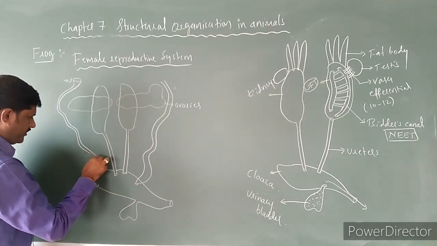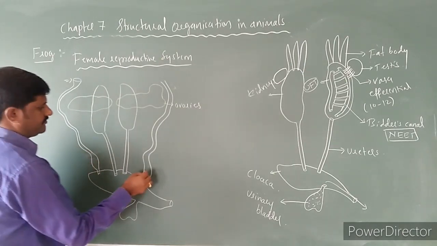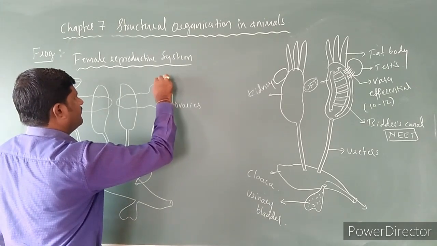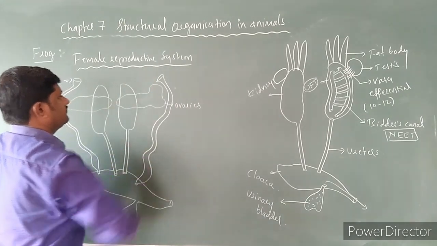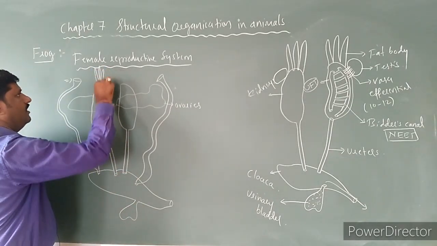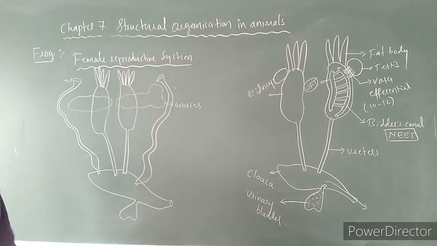Little bulges over here and at the end part, right? This is also a funnel-like structure. Okay. So now this is how the female reproductive system is.